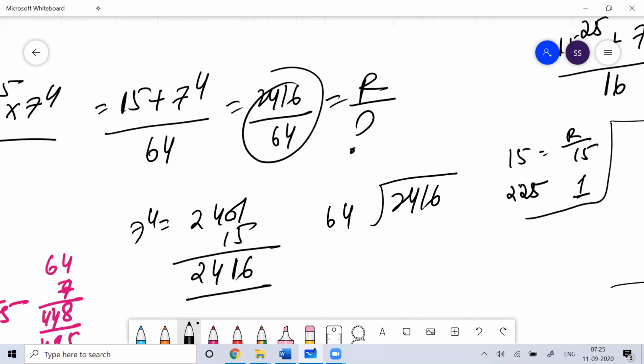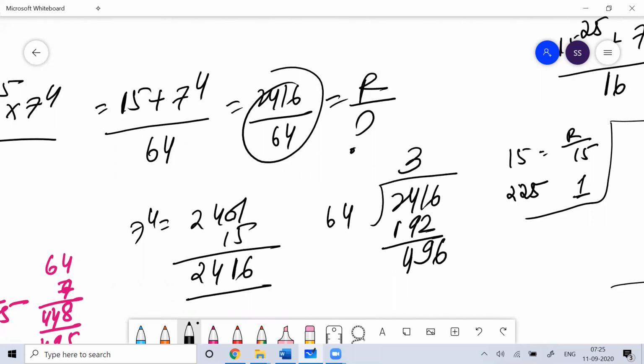64 fours, you know, is 256. 64 threes is 192. So this is 496.